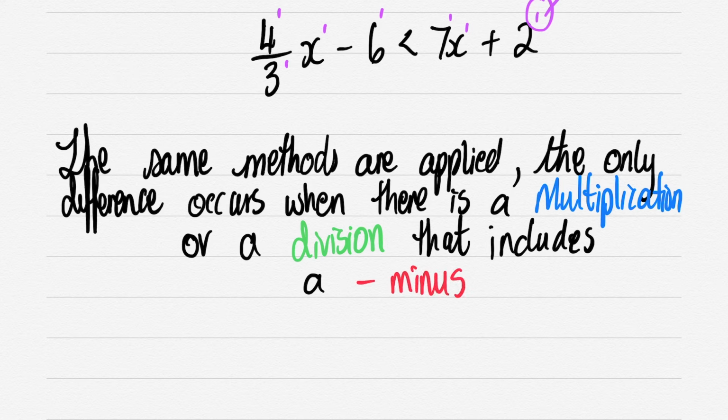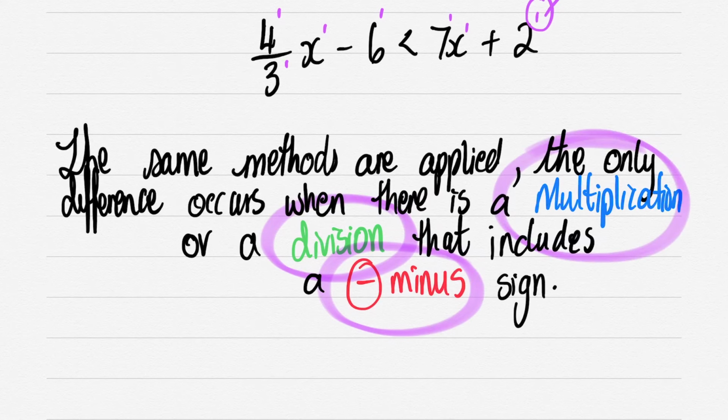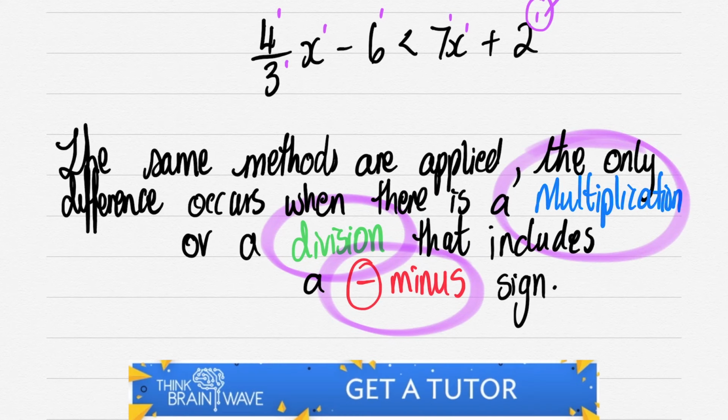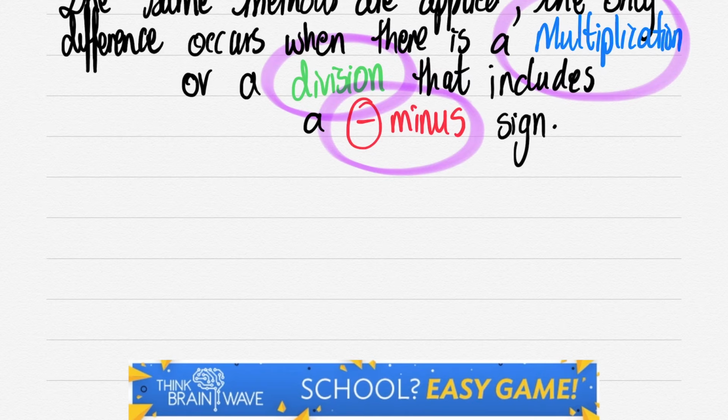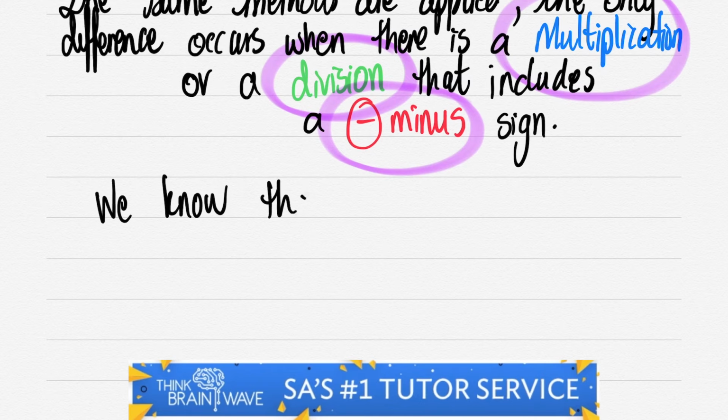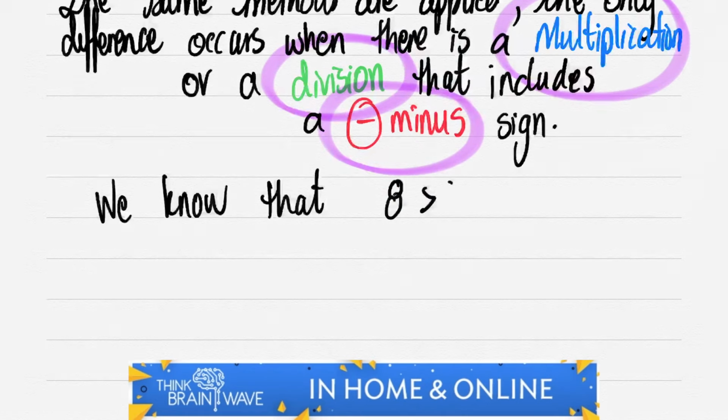An example will follow very shortly. Just make sure that it's always the minus sign. It's only when you divide or multiply by a minus sign. I'm stressing that point because it is very important for you to understand. If you understand that, inequalities will be a breeze. If you don't, unfortunately, you might get them right sometimes and you might get them wrong other times.